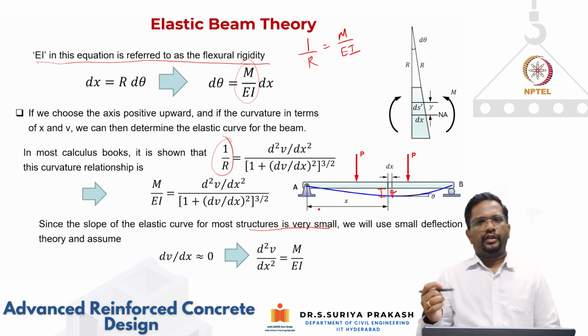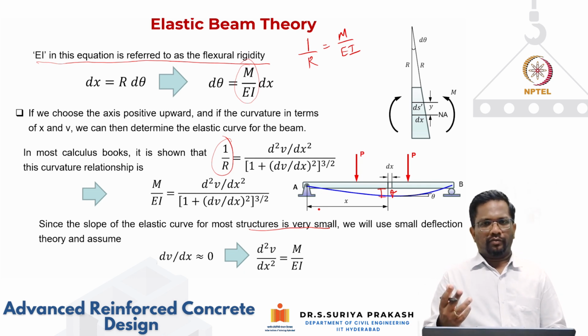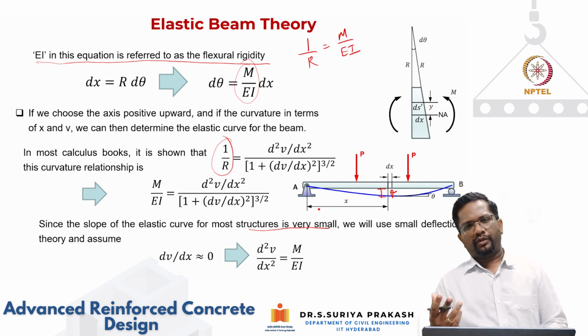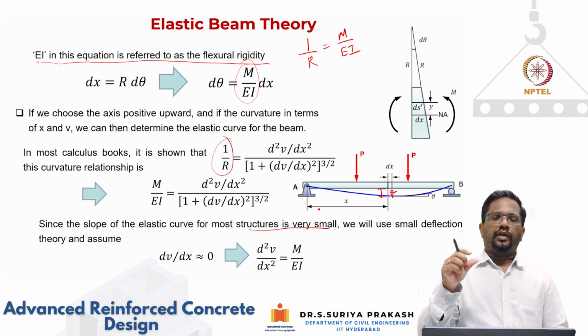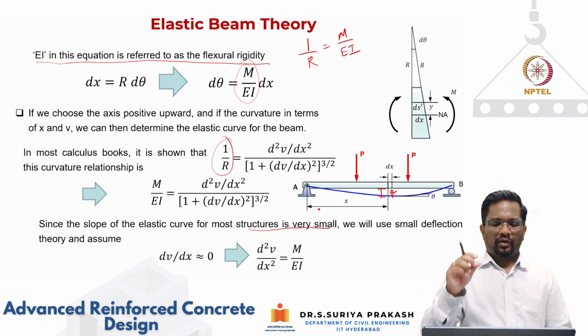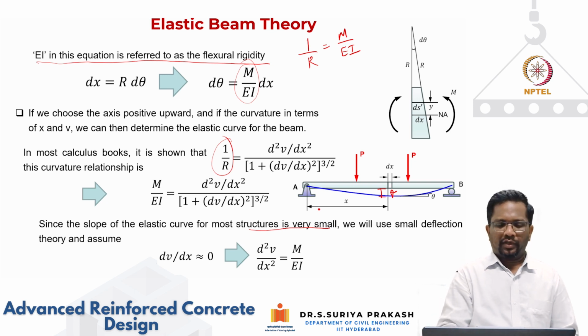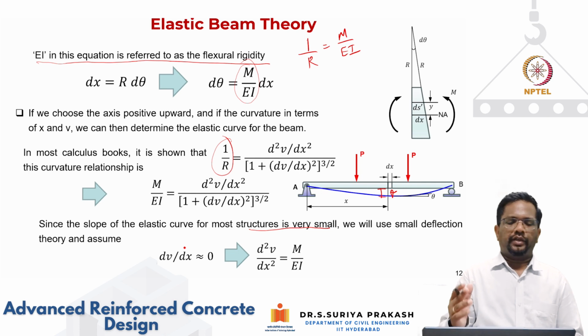If you look at your IS code, even for service levels, the allowable deflection is either L by 350 or L by 250, depending upon whether you are doing short term or long term deflections. So the deflection levels we are dealing with are going to be very, very small. If deflections are small, the slope dv by dx can be approximated to be nearly equal to 0.